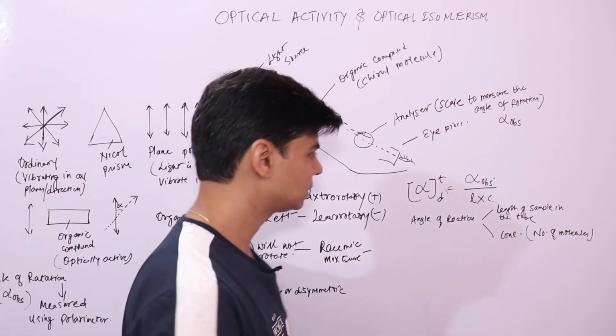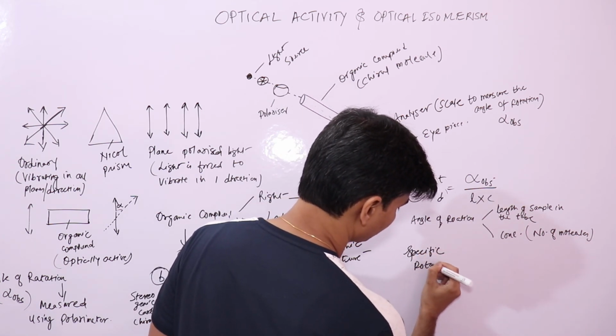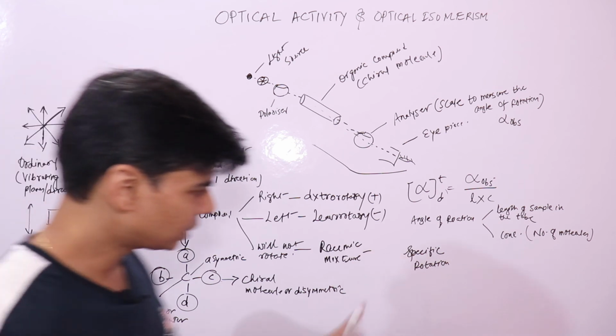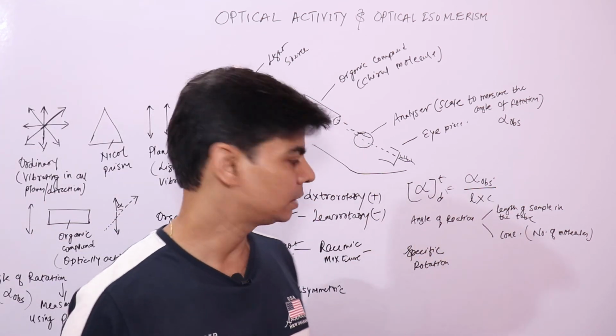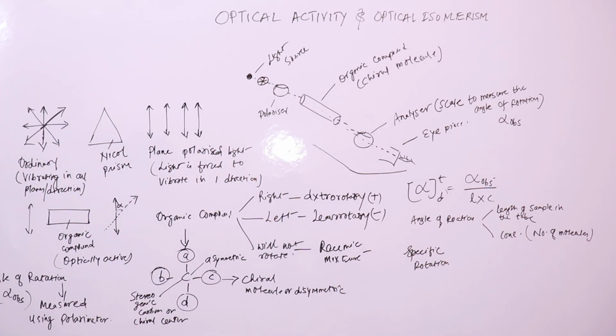Now there is something known as specific rotation. To calculate the specific rotation of any substance, we assume specified conditions. If we calculate it at specified conditions, we call it specific rotation, which is a constant for a given compound and is a characteristic of the substance.